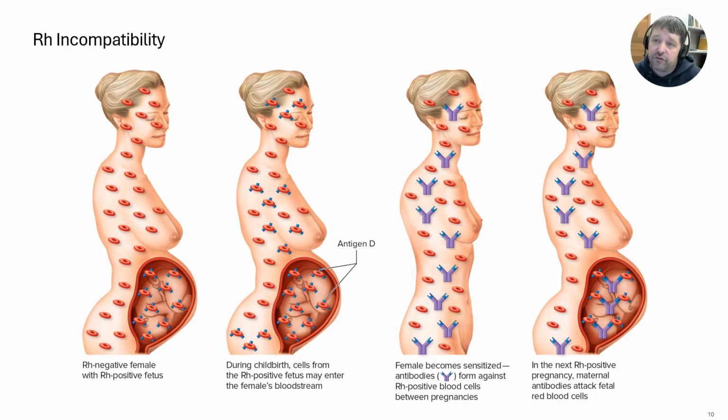And then if she gets pregnant again, normally this happens with couples that have multiple children, because the father is what's giving the Rh positive. So that father produces another child, gives another Rh positive child. Now this child in the womb is Rh positive, but the mother has antibodies against Rh.